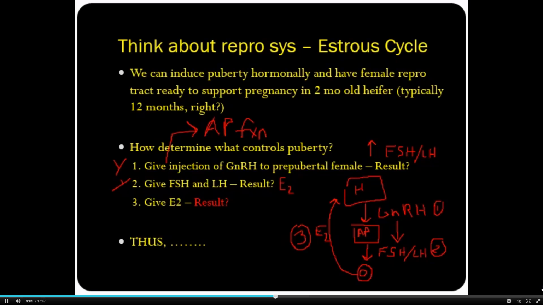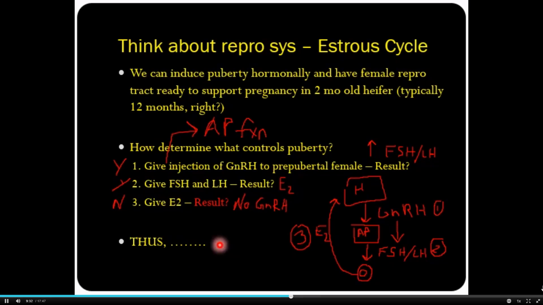So what do you think happened? We did not get what we expected. In this particular case, even though we had threshold levels of E2, we got no GnRH surge. That was a key finding, because what that told us was that when we got to this point here, something wasn't working the way it was supposed to in a mature female.